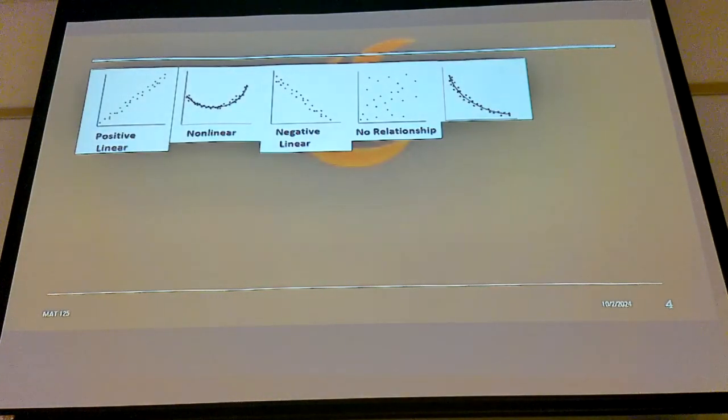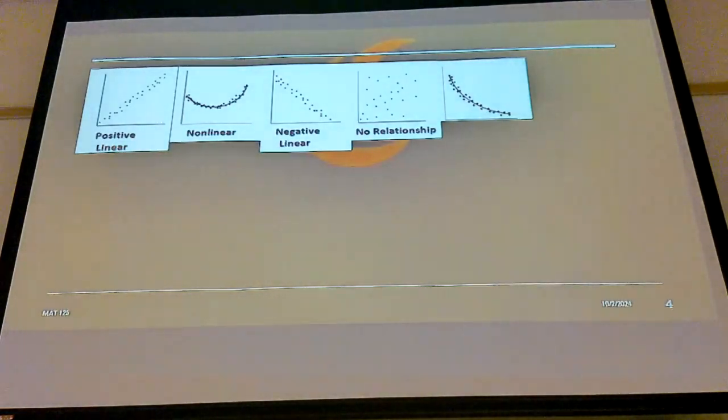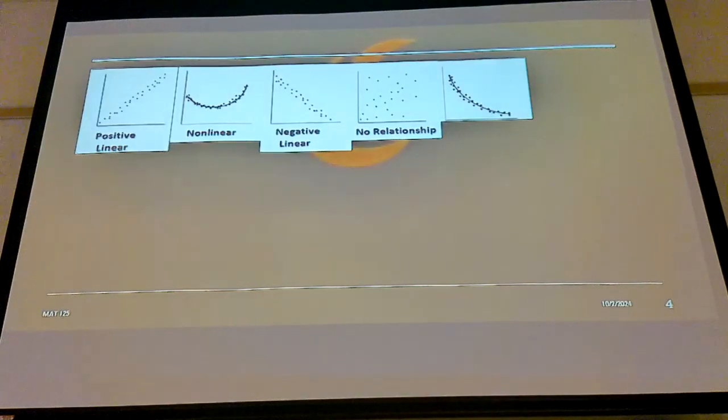Most definitely not linear. Can you actually identify what that would be, though? I agree it's negative, but negative what? Negative nonlinear? What type of nonlinear? In theory, there's an infinite number of nonlinears.